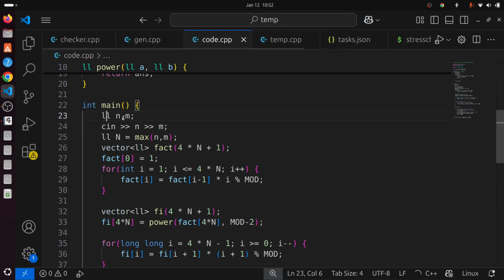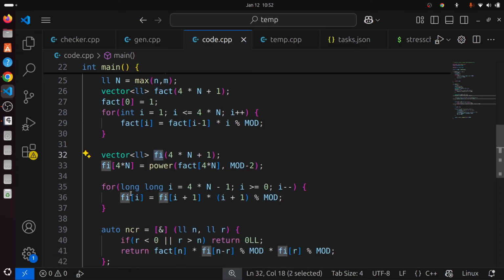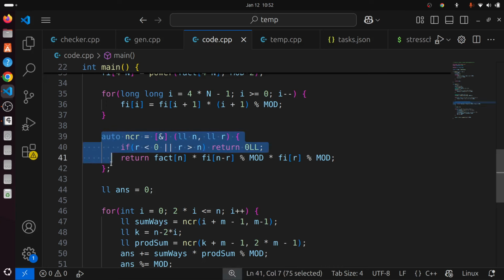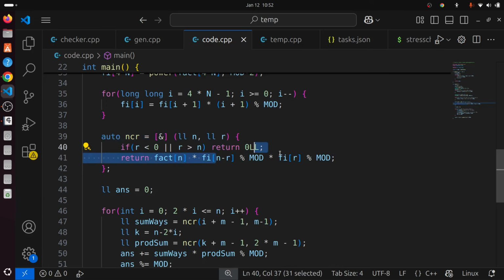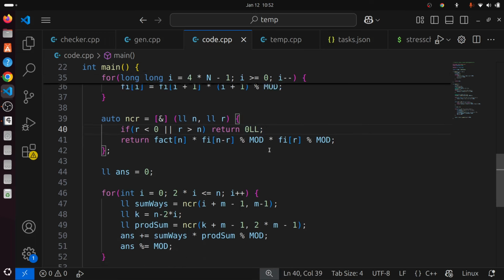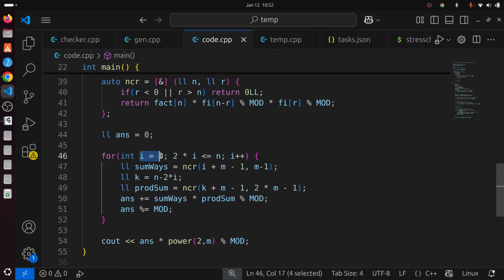I have the inputs n and m, and I make a factorial array to calculate nCr values, right? So I make a factorial and inverse factorial array, and I compute them using a for loop, and I have the nCr function which returns n factorial upon (n minus r) factorial into r factorial, and if r is out of range I return 0. That is also useful. Then I can just loop from x equal to 0 up till 2x less than or equal to n, x plus plus.